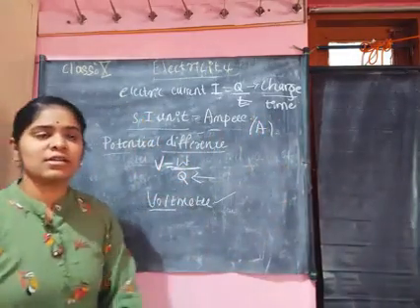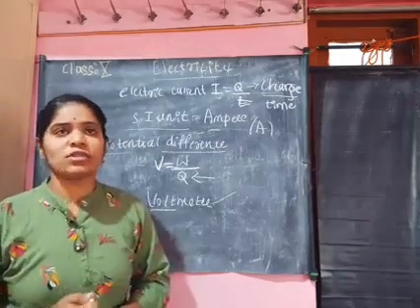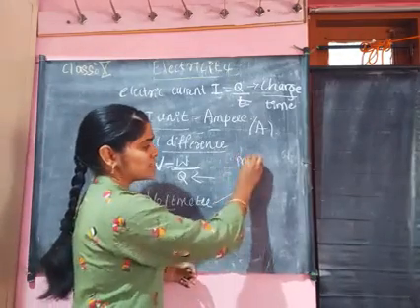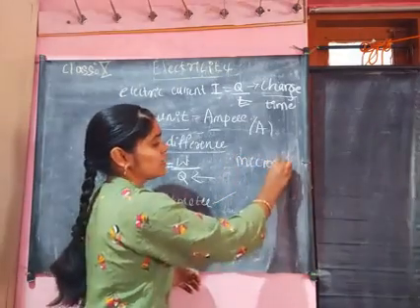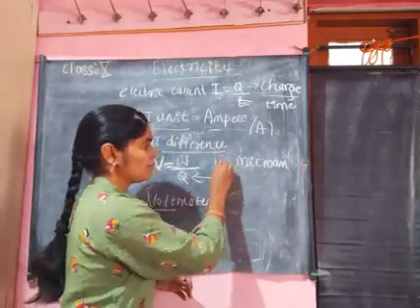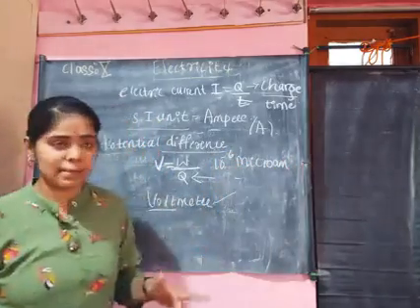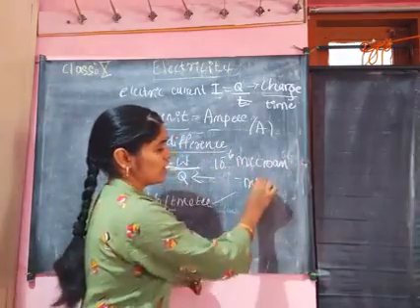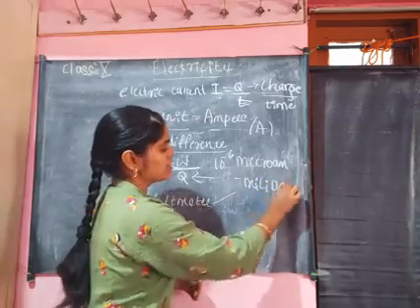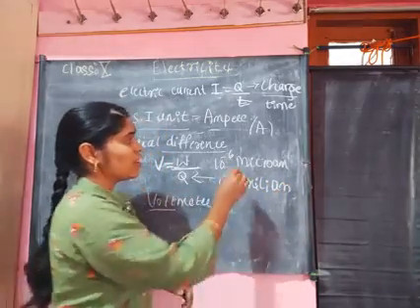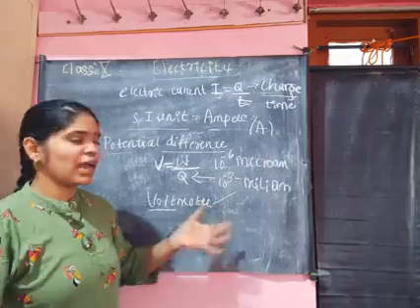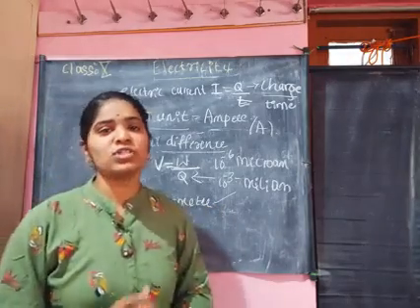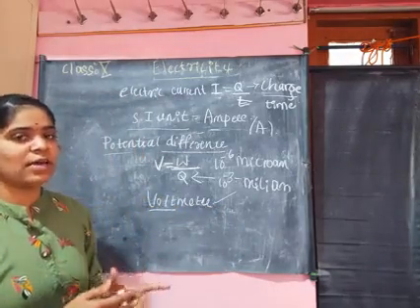There are certain other units also. There is the microampere, which is 10⁻⁶. Then the milliampere is there, which is 10⁻³. And amperes, and then we have the device ammeter, which measures what?